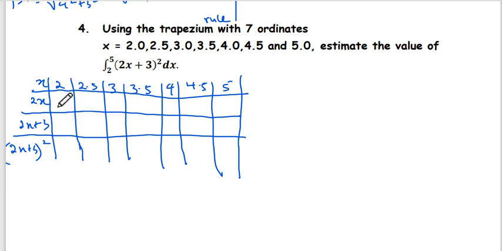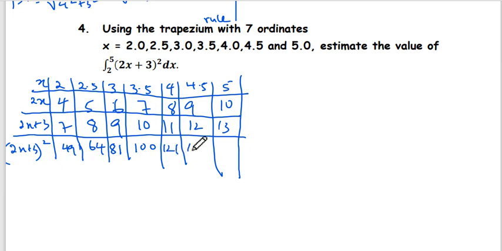So here we have 4, 2x is 4, 2 times 2 is 4, here is 5, here is 6, 7, 8, 9, and 10. 2x plus 3, that means whatever we have here, add 3 to it. So this 7, this 8, this 9, this 10, this 11, 12, this is 13. Then 2x plus 3 squared. That's all what we have here. Let's square it. So here we have 49, 64, 81, 100, 121, 144, 169.